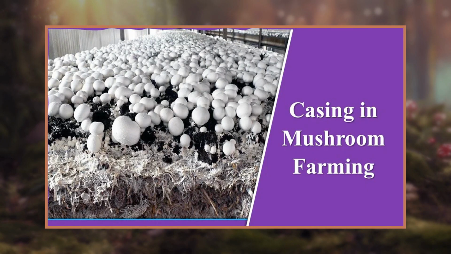As mushroom cultivation continues to evolve, exploring innovative and sustainable casing materials will be vital in meeting the growing demand for high-quality mushrooms. In essence, mastery of casing techniques is a cornerstone of successful mushroom cultivation, bridging the gap between substrate colonization and plentiful harvest.